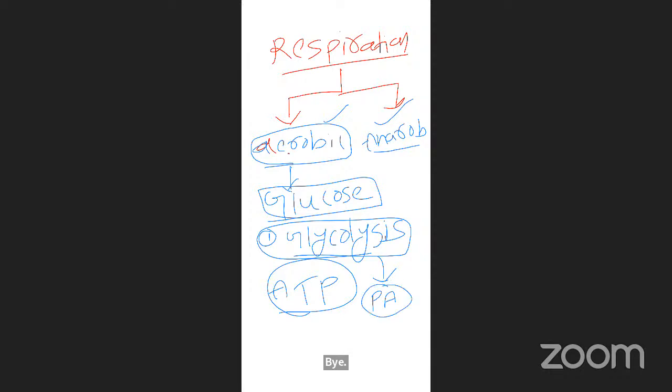Now, depending on the utilization of oxygen by pyruvic acid, it is divided into aerobic and anaerobic. If oxygen is utilized, that is aerobic. Without oxygen, that is anaerobic. First, let's discuss aerobic respiration. After that, anaerobic respiration. Okay?